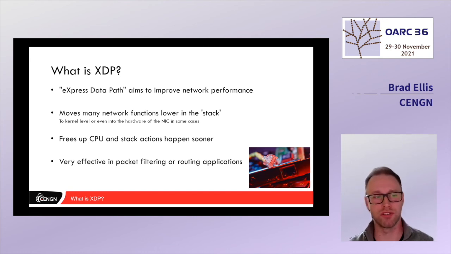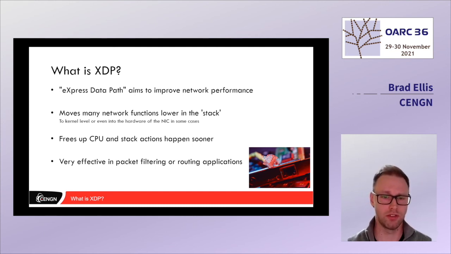The way it works is it moves many functions lower in the networking stack, for example, to kernel level, or even in some cases, some network cards actually have hardware that can run XDP programs, which can greatly speed up network throughput, packet decisions, and so on.